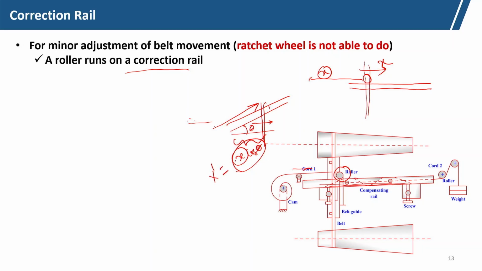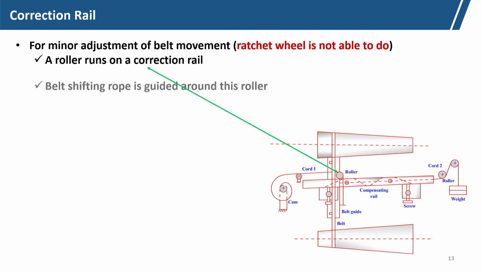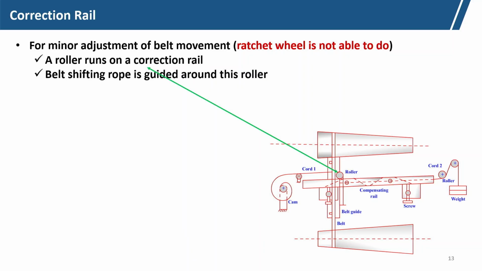So, if we lift this with the help of this screw, then accordingly the shift will be adjusted. So, for minor adjustment, when the ratchet wheel is not able to do that, we use the correction rail. This is the correction rail here.